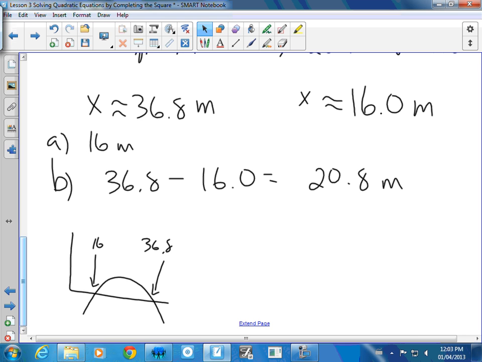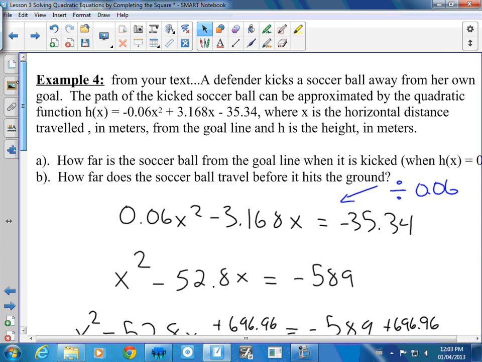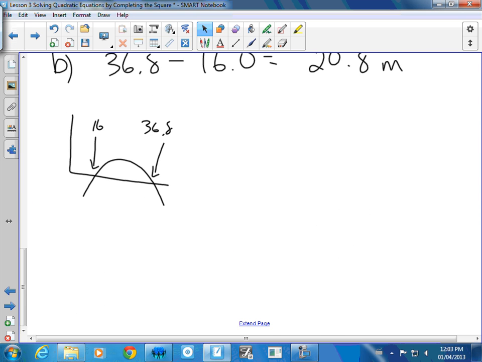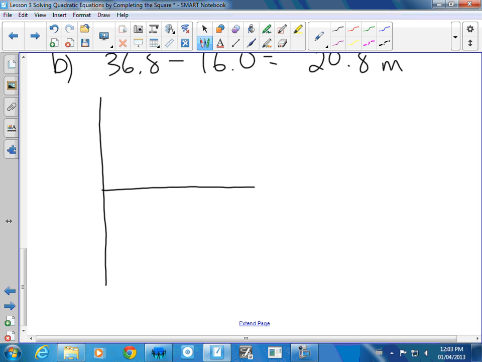Because if you look at this, go back to the original equation, what's the y-intercept? Negative 30.434. So on this graph, if we actually drew, here, I'll draw a better one here. If you actually graph this out, this point right here is negative 35.34, right?